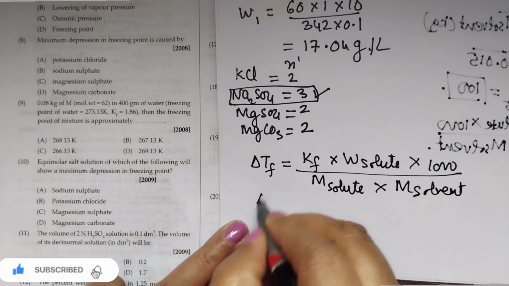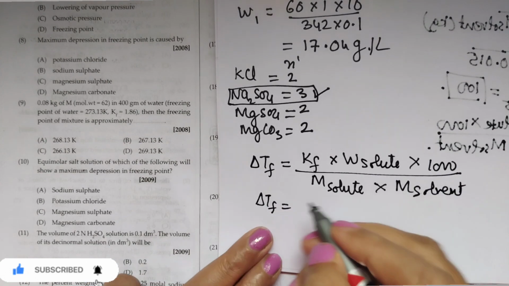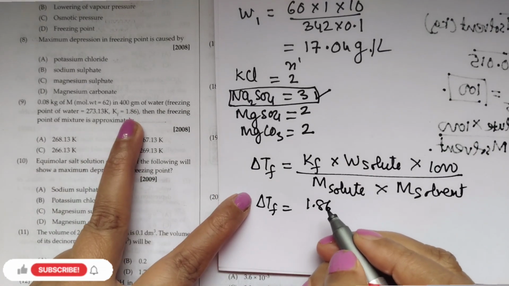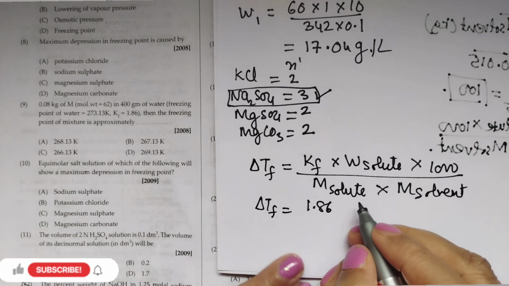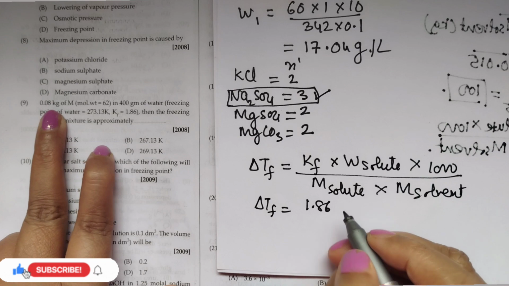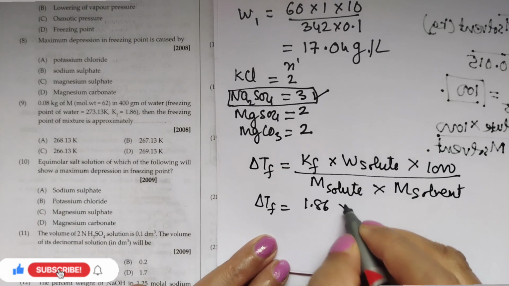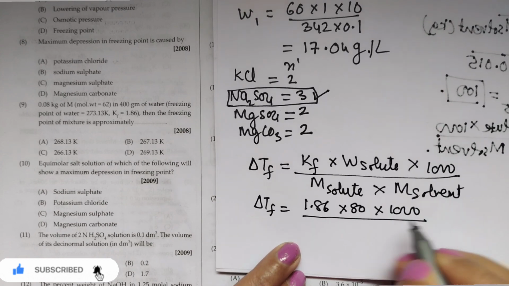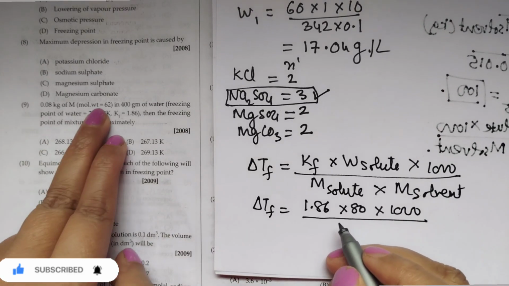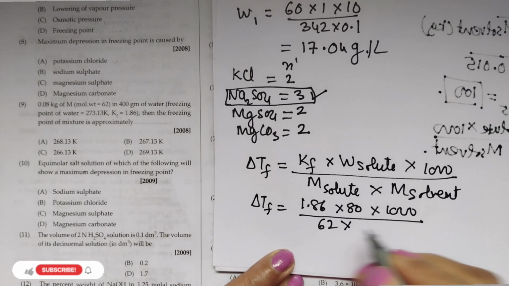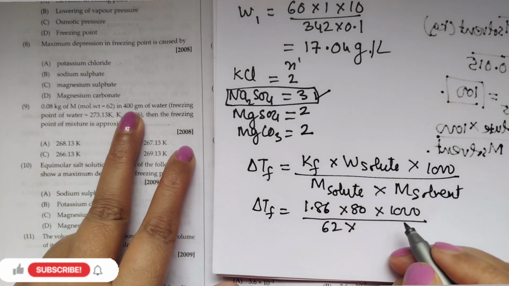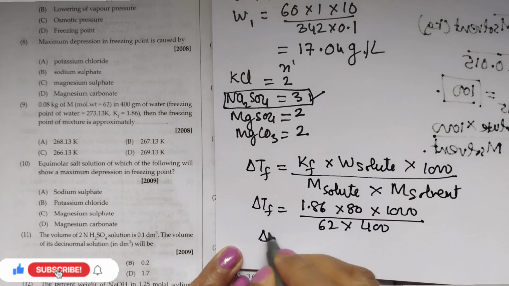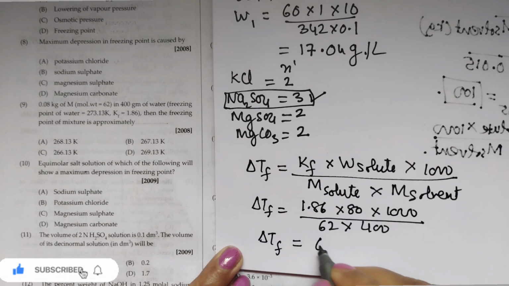So delta Tf is equal to, now here the cryoscopic constant is 1.86, that is given. Mass of the solute is 0.08 kg, so let us convert this to gram. So it will be 80 gram multiplied by 1000 upon the molar mass of the solute, that is 62, multiplied by the mass of the solvent, that is 400 gram. If you solve this, you get delta Tf is equal to 6 K.